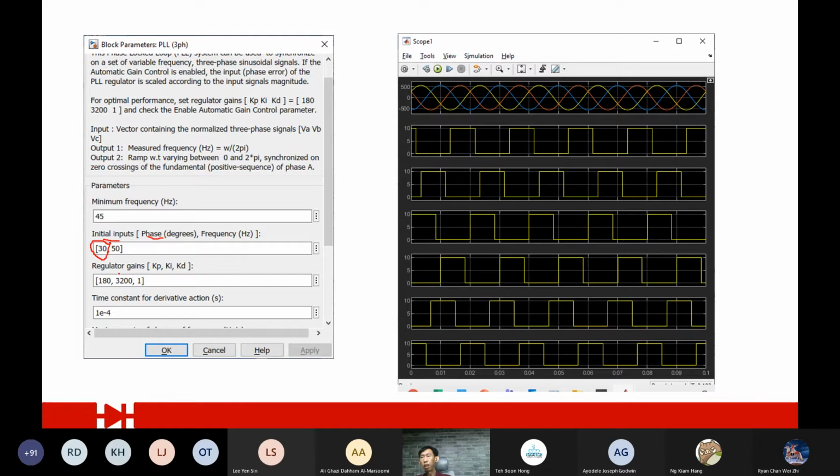Originally it is 0. Let me show you the original one. 0. See. Three-phase AC.